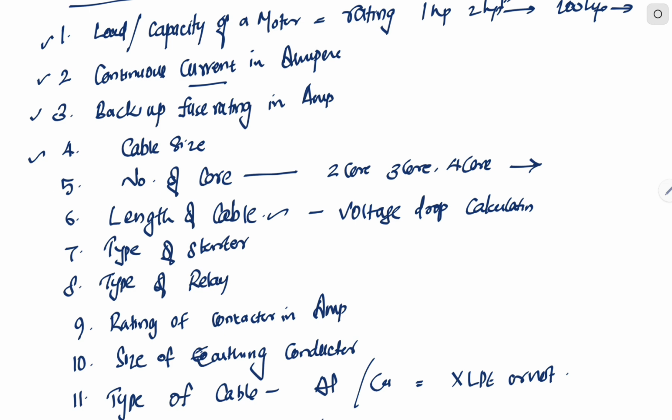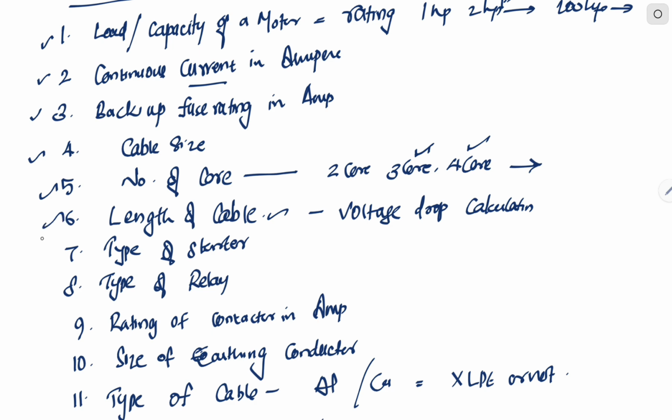Then the number of cores of the cable, 2 core, 3 core, 4 core, etc. Normally, three-phase induction motors don't need any neutral wire for running, so we use three core cables, and if the protective conductor is also coming along with the cable, we will use the four core cable.